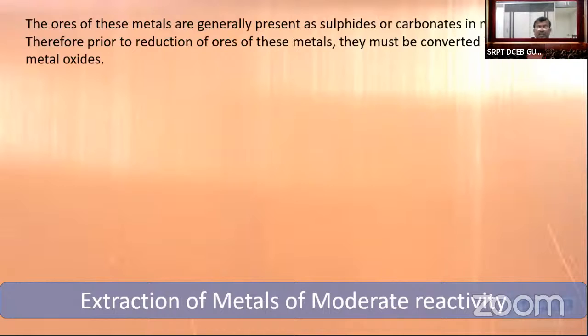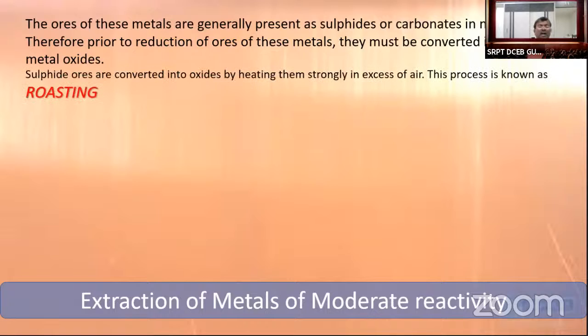Based on the nature of the ore, whether it is sulfide or carbonate, we make use of a different method. The ores of these metals are generally present as a sulfide or carbonate in the earth's crust. Therefore, prior to the reduction of the ores of these metals, first they must be converted into metal oxide for the easy reduction.